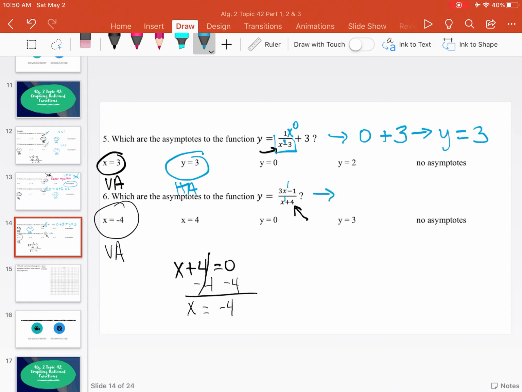So I'm left with y equals 3 divided by 1, since it was 3x in the numerator and really 1x in the denominator. This simplifies to just 3. So my horizontal asymptote is at y equals 3.